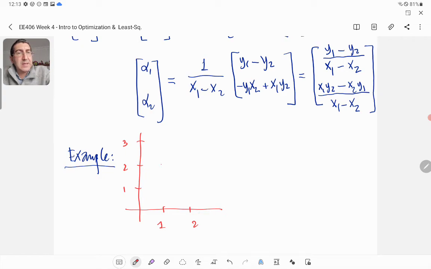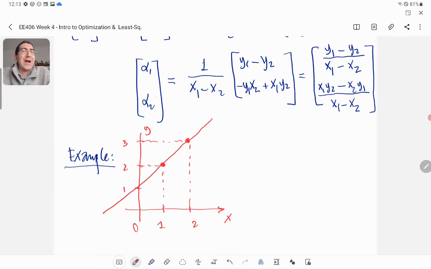So let's say that we have a point over here where x is equal to 1 and y is equal to 2, and also we have a point over here where y is equal to 3 and x is equal to 2. So we have a line here. We know that this line will pass through here, from 1. And we know that this 1 is where x is equal to 0, and that corresponds to our alpha 2.